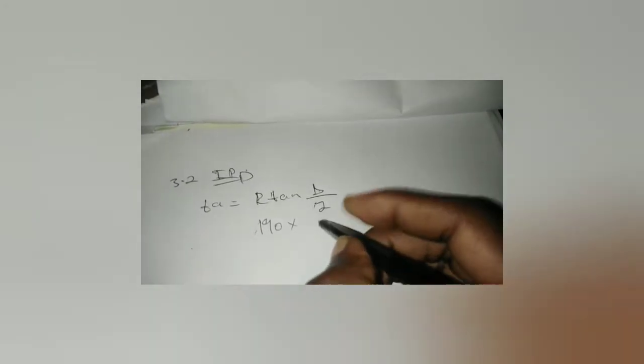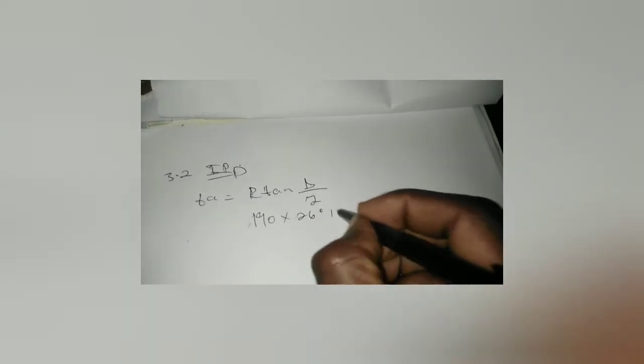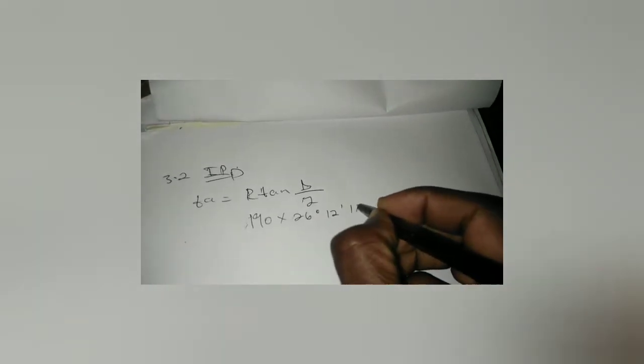It's 190 tan of this divided by 2. Tan of 26 degrees, 12 minutes, 19 seconds.